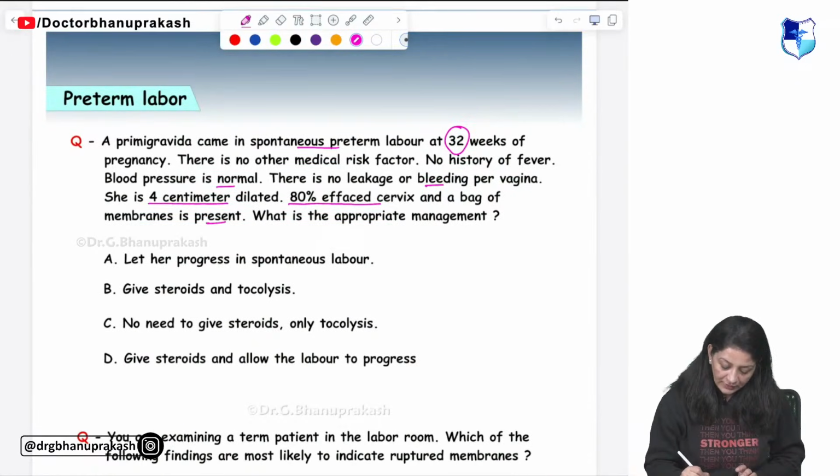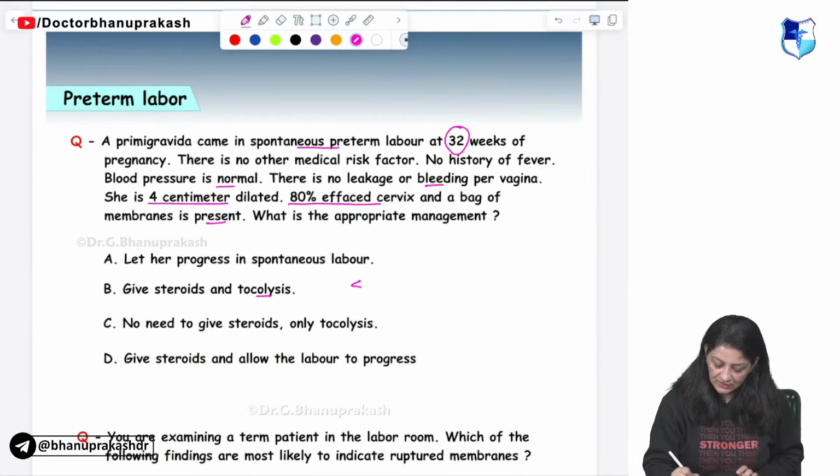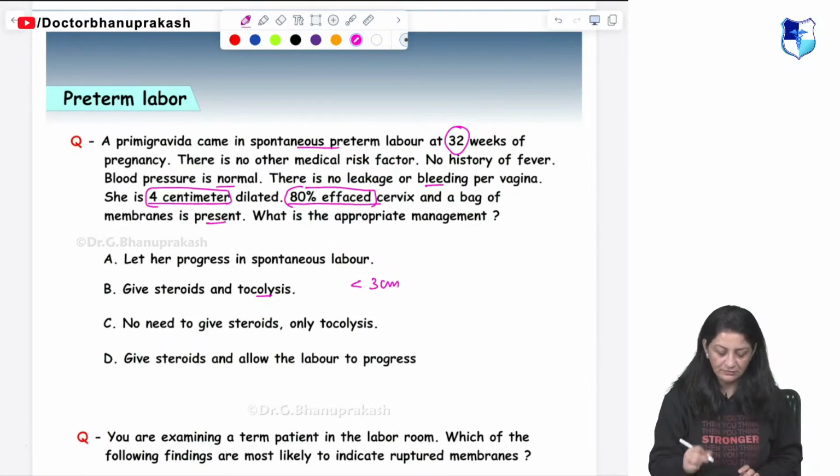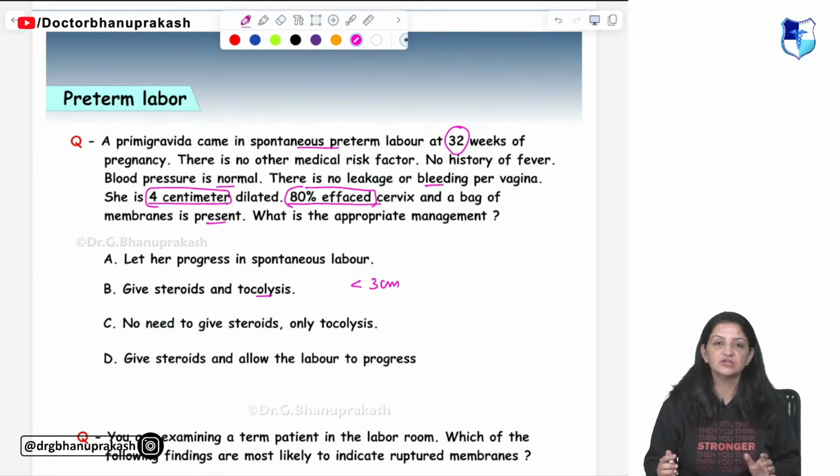Tocolytic agent we can give only if the cervical dilatation is less than 3 centimeter. Now, she is 4 centimeter dilated and 80% effaced, which means she is in active stage of labor. Tocolytics are recommended only in the latent phase of labor.